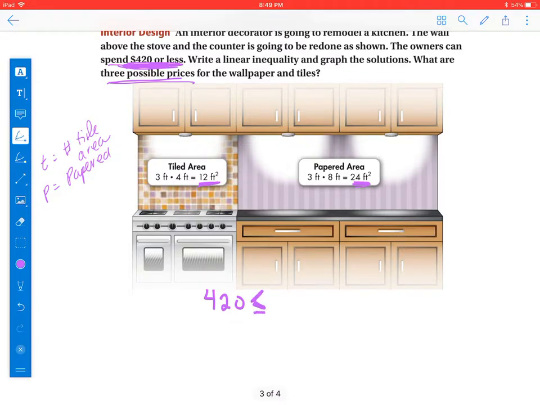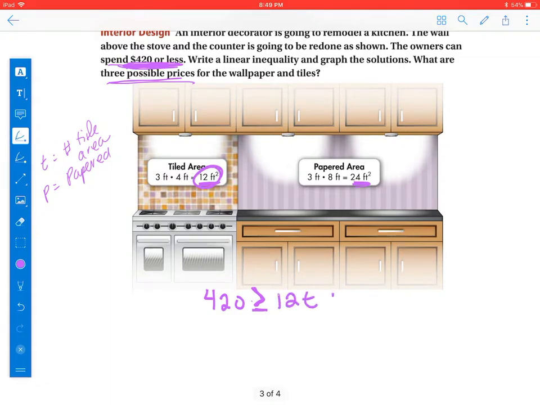So my symbol can't point to the left, because that means whatever I write on the right, my inequality is going to be greater than $420. So I need to make sure my inequality symbol is going to the right, because that's going to be the maximum. And then it can equal $420.